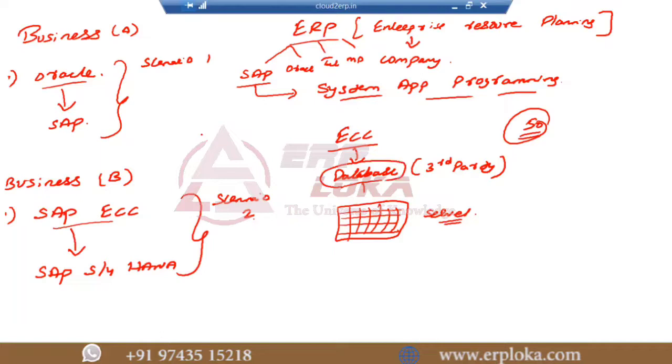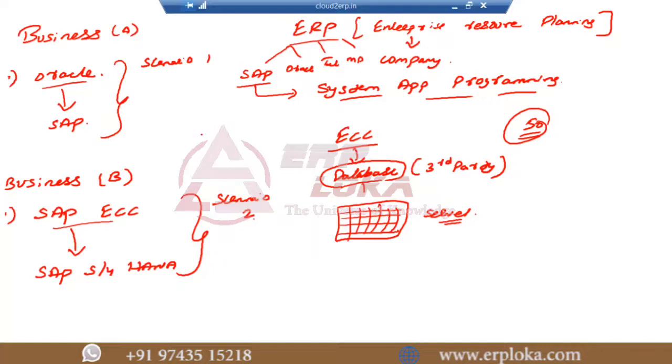Okay. So before in ECC, SAP used to use the third-party database, which is from IBM. Okay. Because the database is huge, costly. They cannot invest so much of amount as of now. They were using a third-party database.